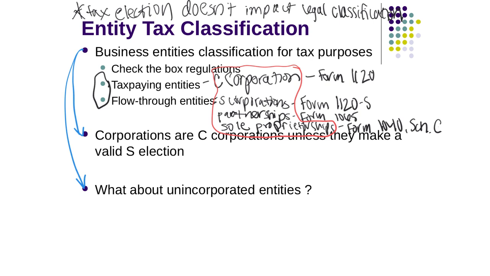For the most part, unincorporated entities are flow-through entities. They start out as flow-through entities. But if they have all of the right requirements, they can elect to be taxed as a C corporation. And then from there, if they really wanted to, they could even elect to be taxed as an S corporation.